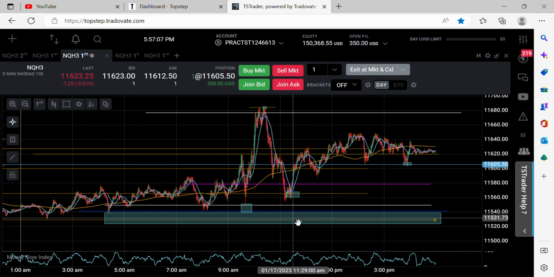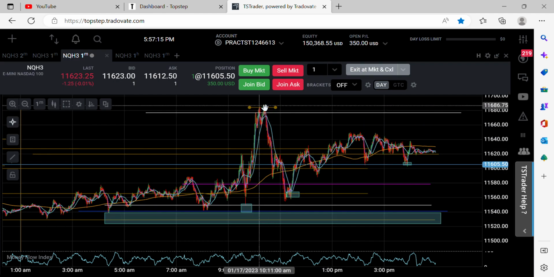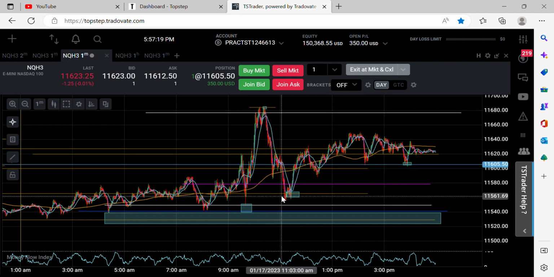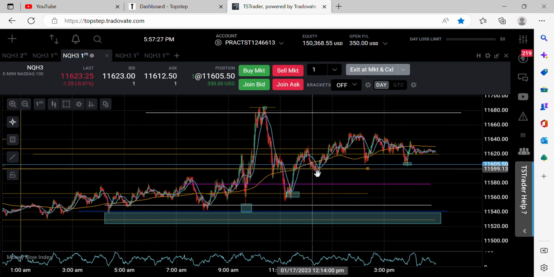And to be totally realistic, you really only needed that trade, which is a whole day's worth. This trade right here, this general area of 561.